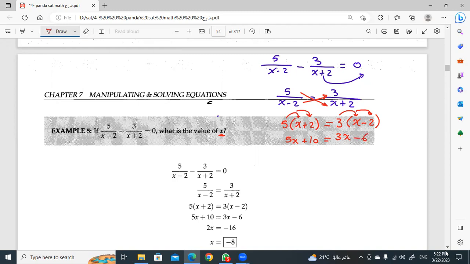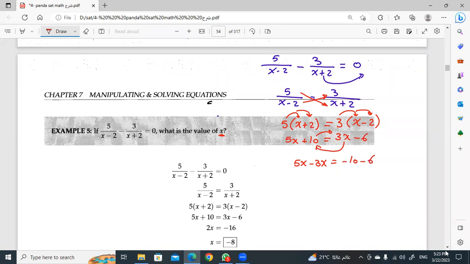Now I collect the families. I will collect the family of the x and the family of the numbers, each one in an individual term. So first of all, I will move the 3x here, so it will be 5x minus 3x. Clear? Equals, and also I will move the 10 to the other side with the negative sign, so it will be negative 10 minus 6.